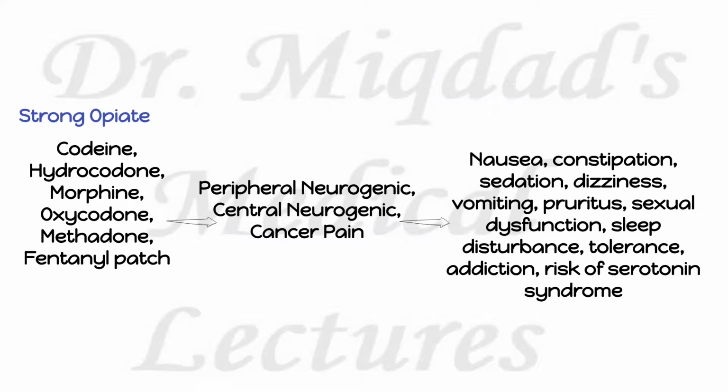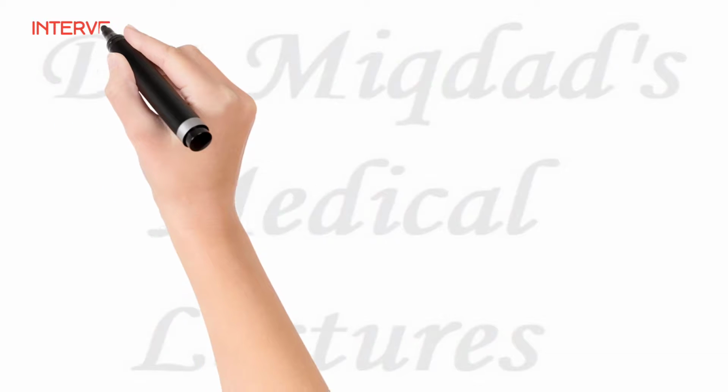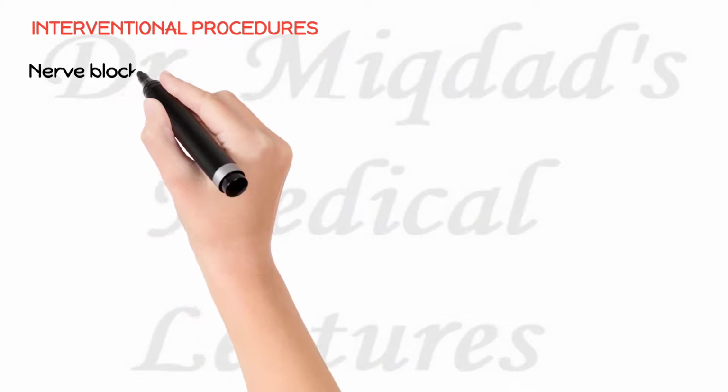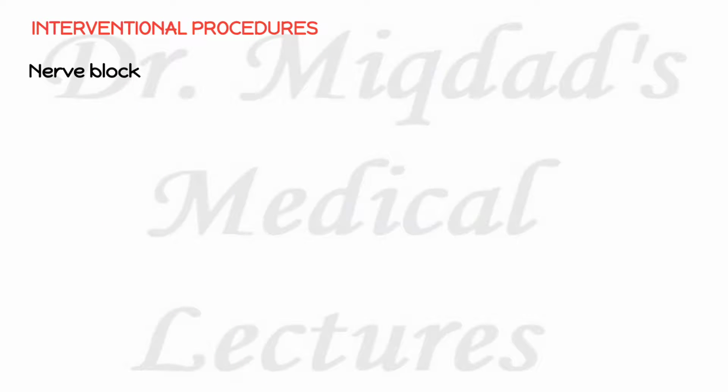Now come to interventional procedures. So let's begin with nerve block. It is also called local anesthetic nerve block. Here a combination of local anesthetics such as lidocaine is injected along with epinephrine, a steroid and an opiate.